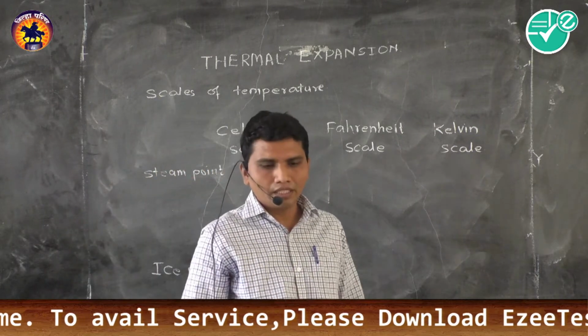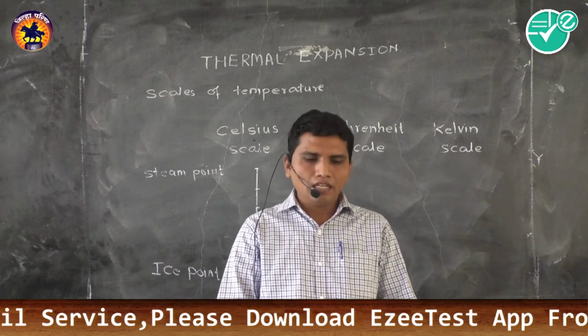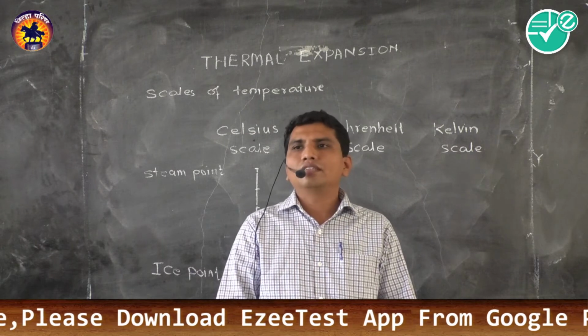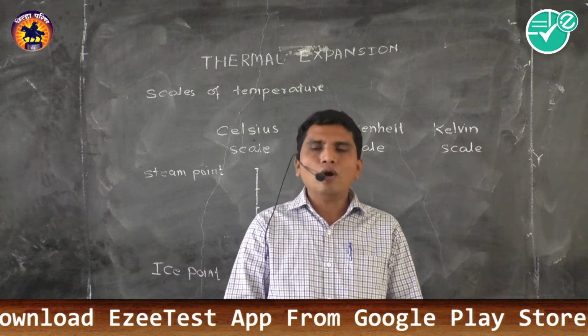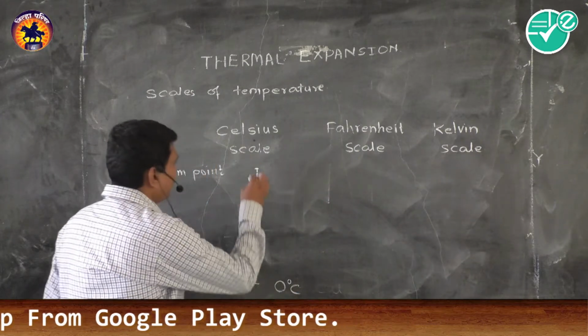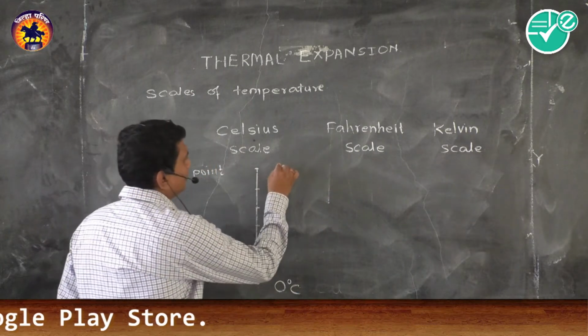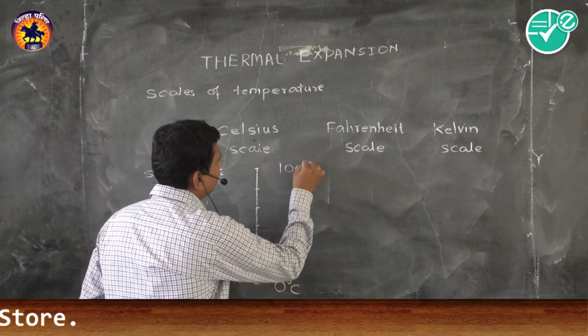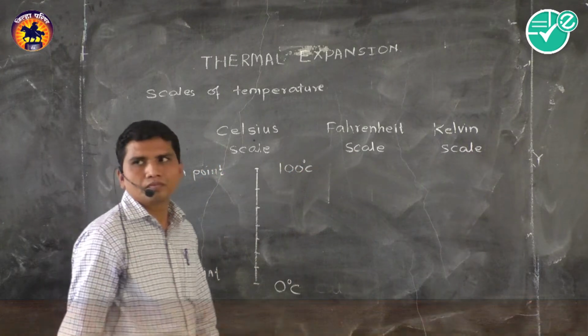Second point, you have to remember here that on the Celsius scale, the steam point, that is the boiling point of water, is marked as 100 degrees Celsius.